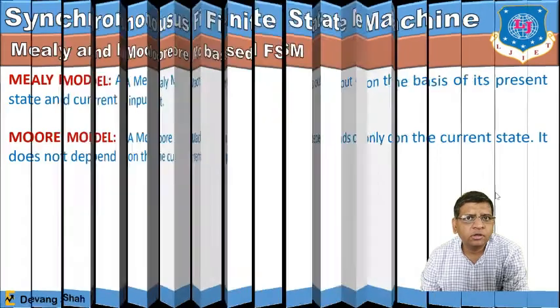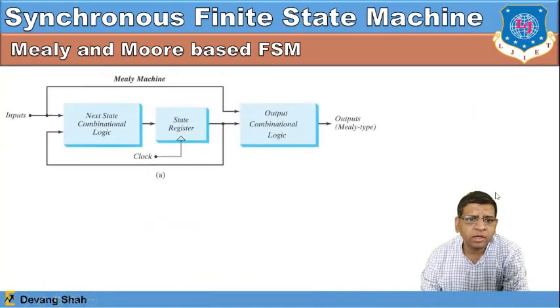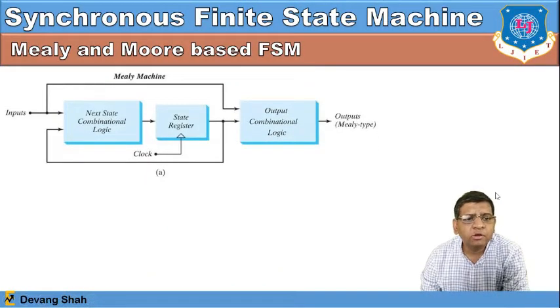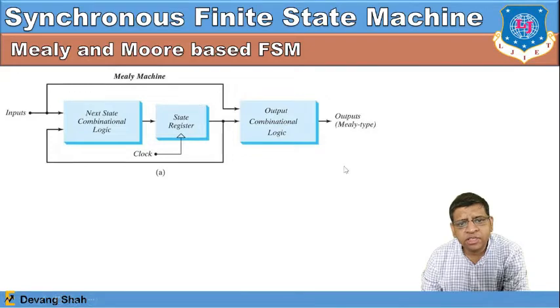Further, if you see this block diagram of a Mealy machine, you apply the input, and there is a next state combinational logic. That's what we learned in terms of the FSM. Then you apply this to the state register, which defines the next state output. Then the same output you can apply to the output combinational logic, right?